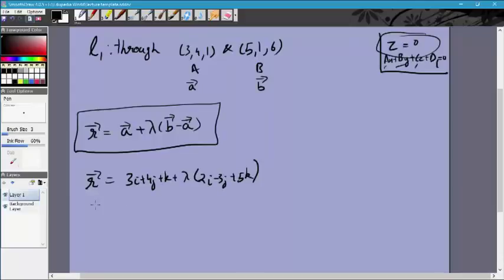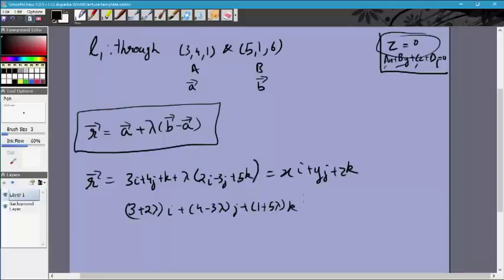So this is basically R, which is xi plus yj plus zk. So from that we can see, we'll just simplify the LHS. That is 3 plus 2 lambda times i plus 4 minus 3 lambda times j plus 1 plus 5 lambda times k, and this is equal to xi plus yj plus zk.